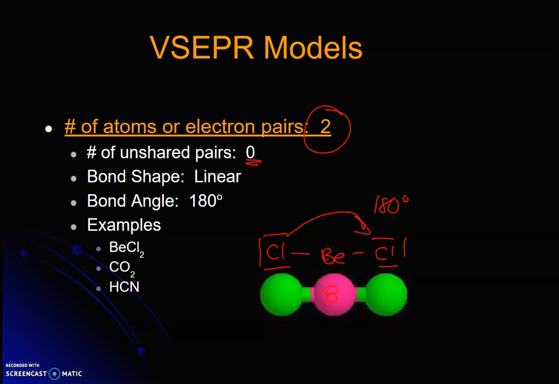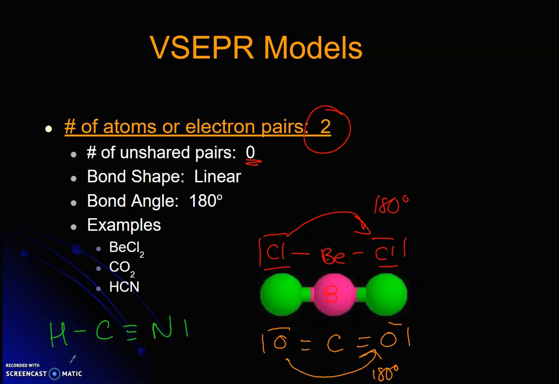You can have carbon dioxide, carbon and 2 oxygens on either side. It doesn't matter if it's a single bond or a double bond, it's still going to be 180 degrees. Or you can have your hydrogen cyanide, HCN. Okay, the maximum that these 2 things can get away from one another is 180 degrees.